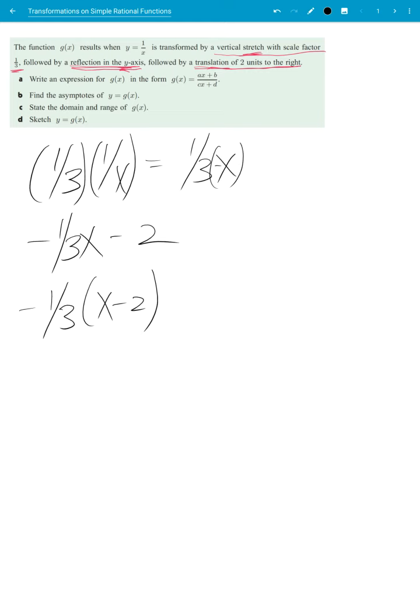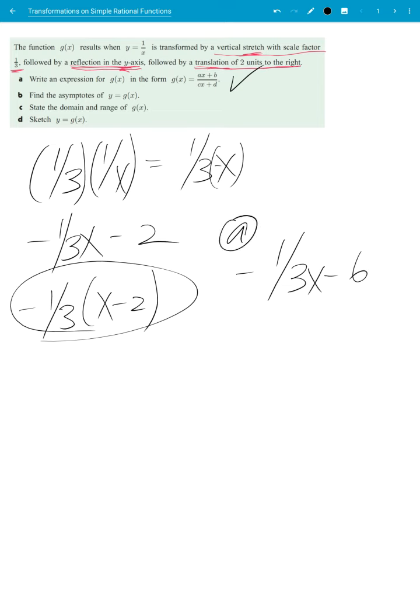And simplifying this expression, I'm going to get negative 1 over 3x minus 6. So that is the answer that I get for part A. This is written in the standard form of a rational function. That's part A.